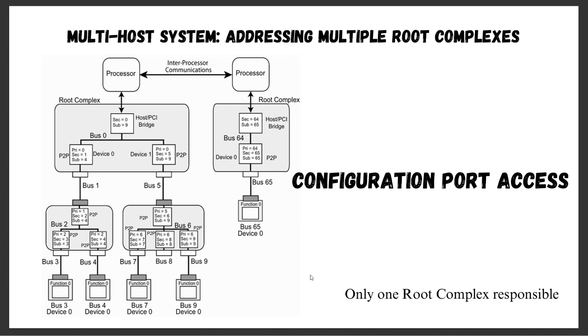The selected root complex acts as a gateway to the appropriate PCI bus. If the request is for a device on the secondary bus, it converts it to a type 0 configuration access. If the request is for a bus further down the PCI hierarchy, it converts it to a type 1 configuration access.